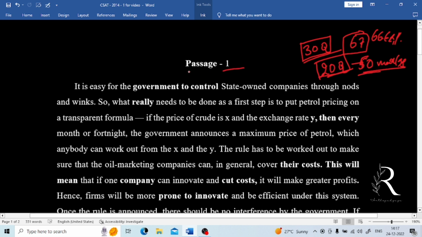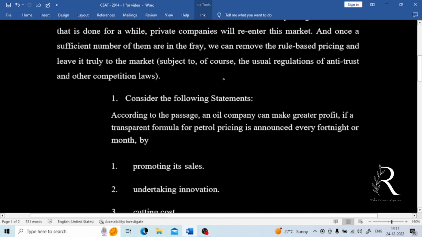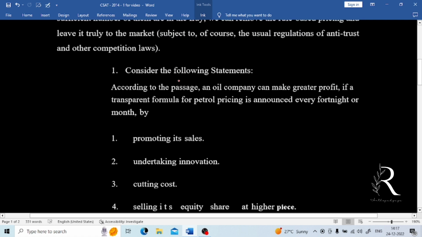So whenever you start reading a passage, don't read the passage straight away. First, it is your duty to read the questions quickly. Read the question quickly and mark out or underline some of the important keywords from the questions. See, this is a question: Consider the following statements. According to the passage, an oil company can make greater profits if a transparent formula is implemented.